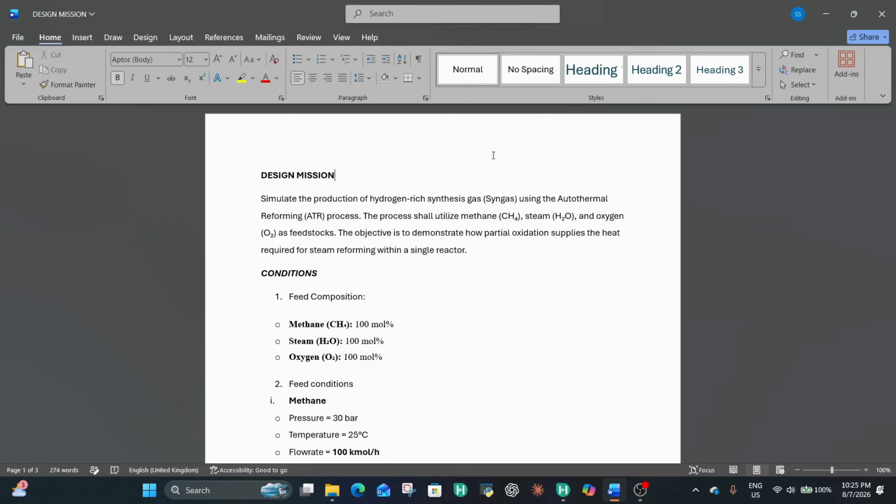Now, let's start our discussions. What's the difference between SMR and ATR? That's the first question. SMR, as we covered in our previous content, is a steam methane reforming process to generate hydrogen-rich syngas.